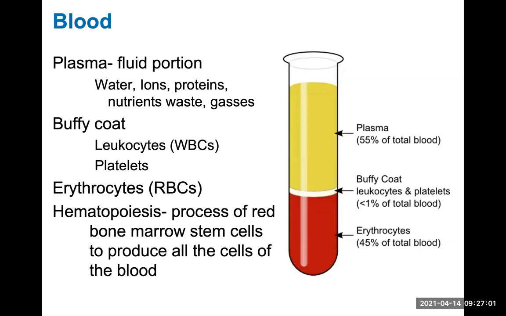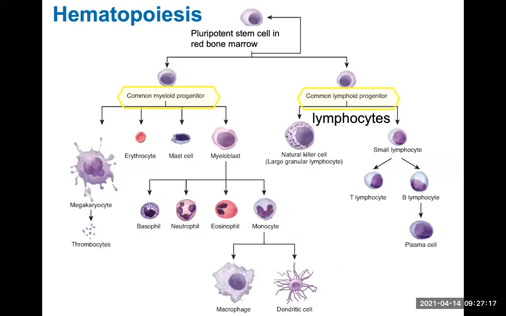You have stem cells in your red bone marrow that produce all the cells of the blood, right? The process of the stem cells making all the different blood cells is called hematopoiesis. And there are a few different ways you can organize the blood cells.